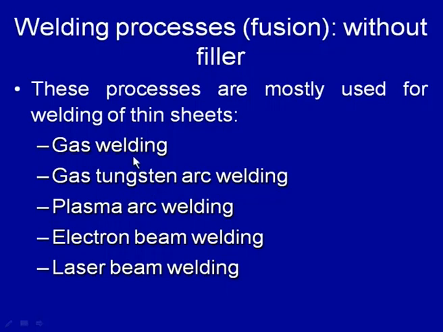So, in all these welding processes there is a difference in the way by which heat is generated, but the filler material is not used, especially when welding thin sheets. That is why these are categorized under the fusion welding processes without filler material.